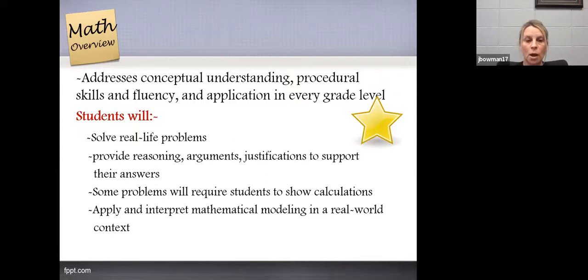Your students will solve real life problems and provide reasoning, arguments, and justifications to support their answers. Some of the problems will require students to show calculations and apply and interpret mathematical modeling in a real world context.